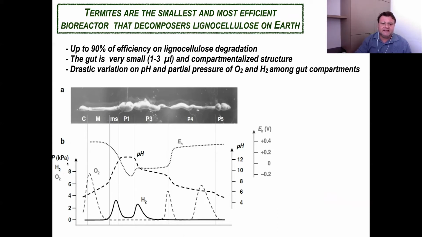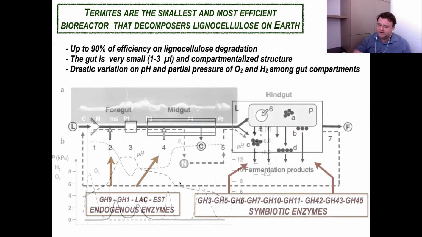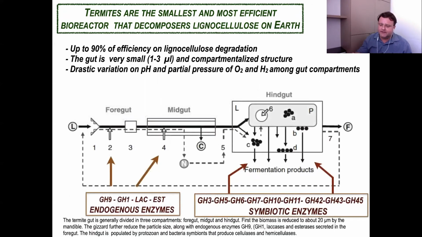And as you can see in this graph, there is a drastic variation of pH, partial pressure of O2 and H2 among these gut compartments. What is more interesting about this system is that it resembles what we would expect for a biorefinery context.